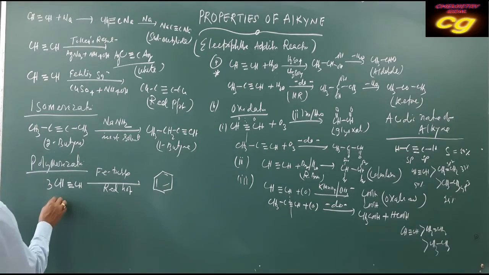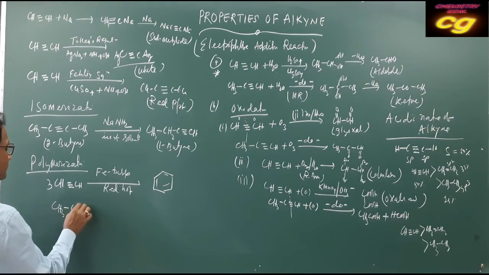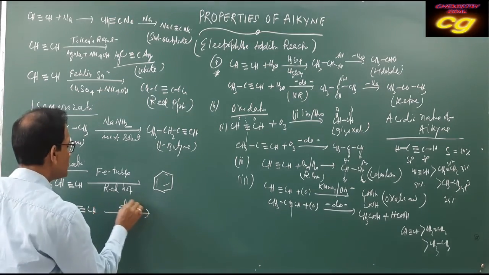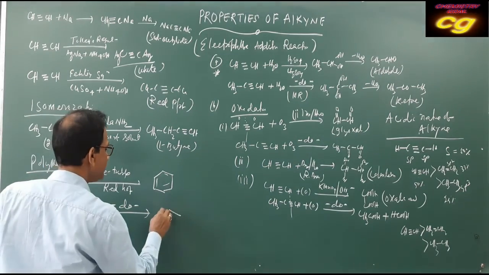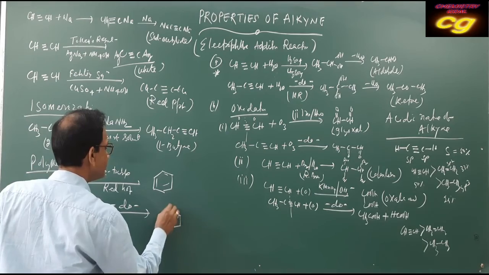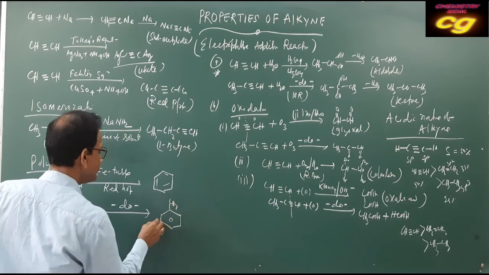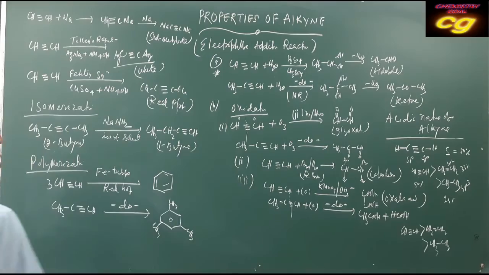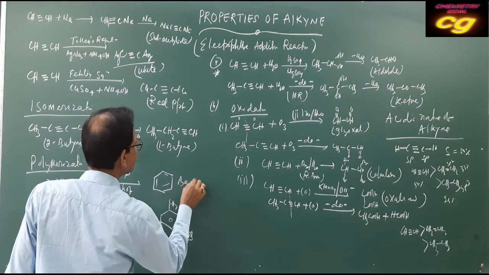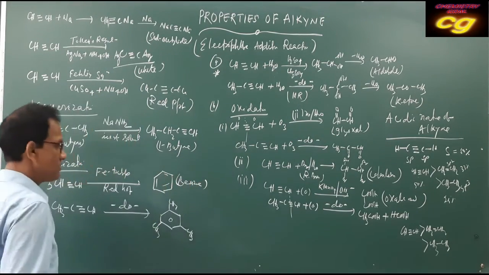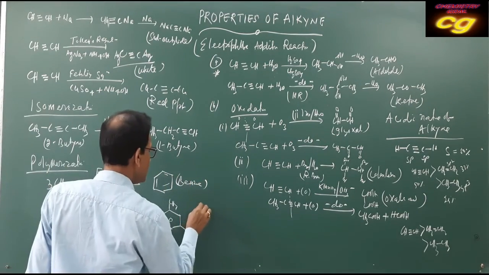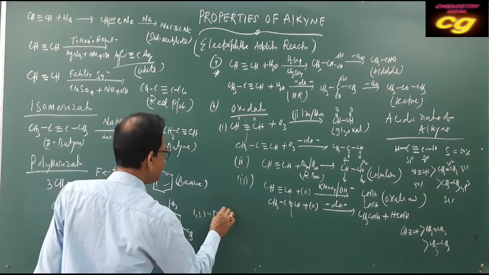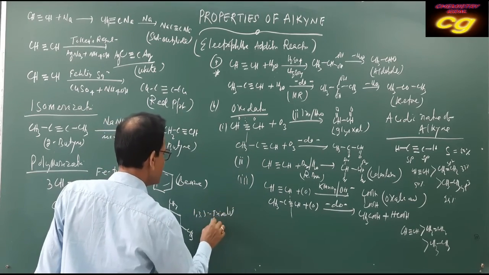If you take propyne and do the same, you will get 1,3,5-trimethylbenzene.